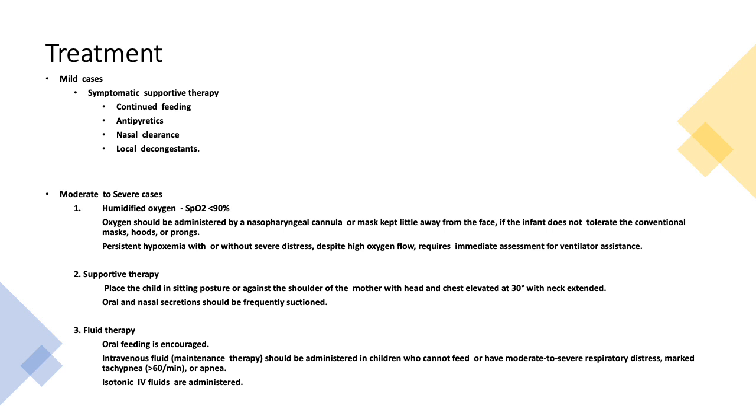If the infant does not tolerate the conventional masks, hoods or prongs, then we should keep it just a little away from the face of the infant. Persistent hypoxemia with or without severe distress despite high oxygen flow requires immediate assessment for ventilatory assistance, and such infants may require continuous positive airway pressure, that is CPAP, or invasive mechanical ventilation.